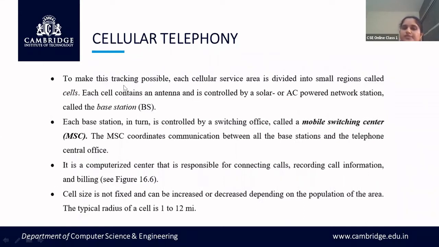So next, when I say a cell which is hexagon in shape, it is of no fixed size. It can either increase or decrease depending upon the population. For example, if you are going to a rural area and you find that the number of mobile stations which require your internet or 4G is very less, the 4G network required for that area can have a cell of reduced size.